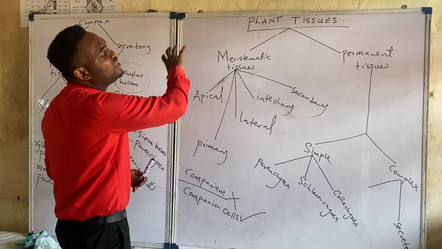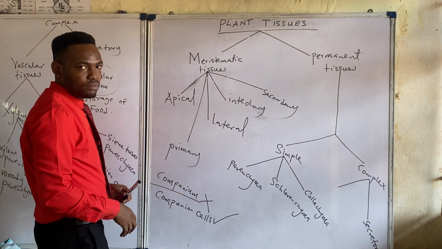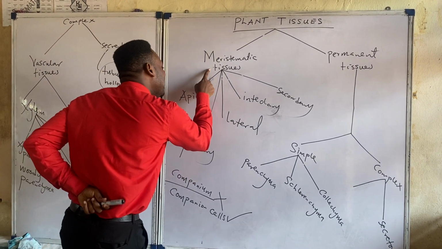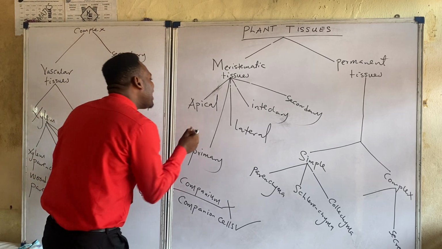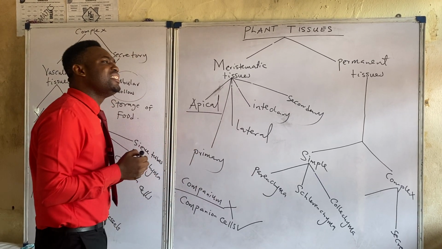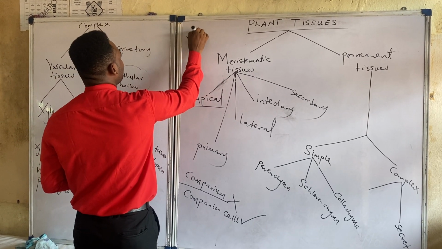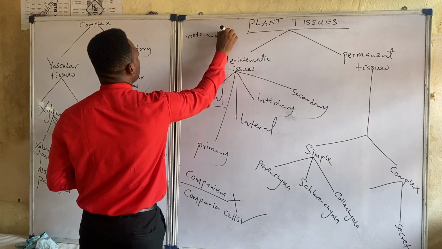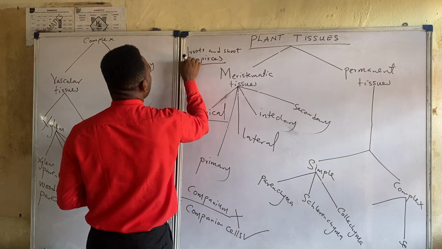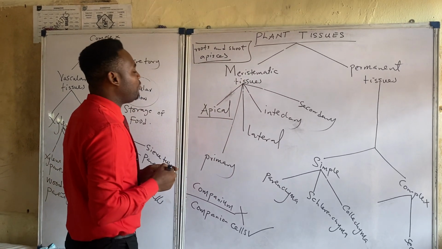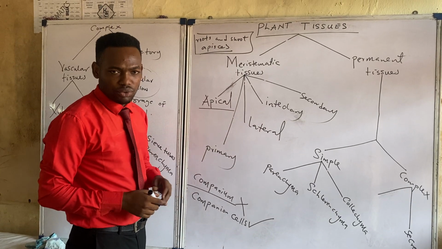They are not fully differentiated, unlike the permanent tissues. Under the meristematic, we have the apical meristematic tissues. Apical is found in the root and shoot apices. I'll write it up here: roots and shoot apices of plant is where we have the apical meristematic tissues.